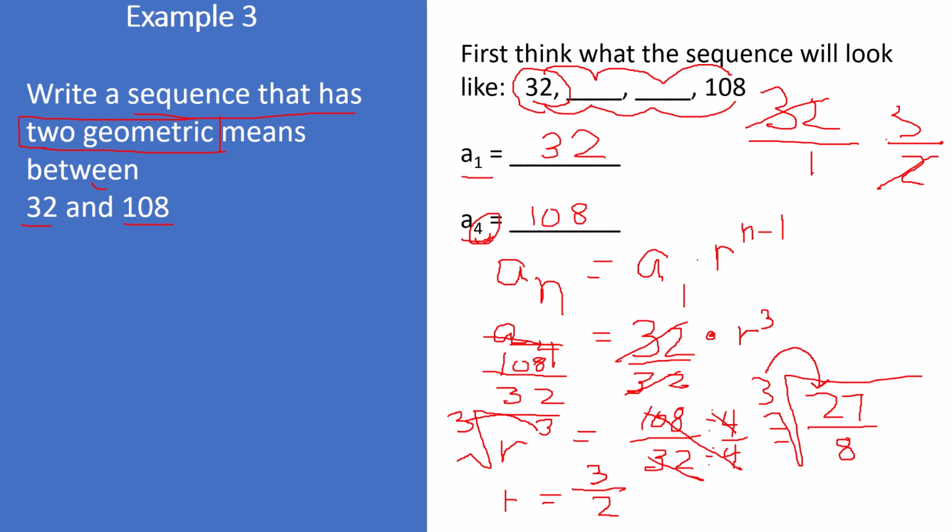All right, 32 times 3 and then divided by 2 is 48. And then 48 over 1 times 3 over 2. Let me get my calculator out. 48 times 3 and then divided by 2 is 72.